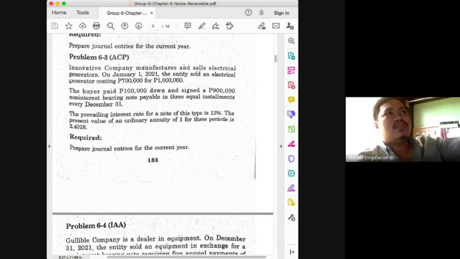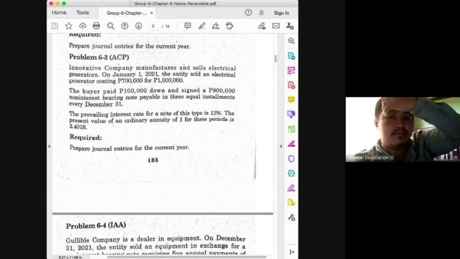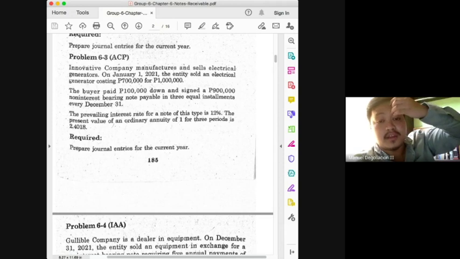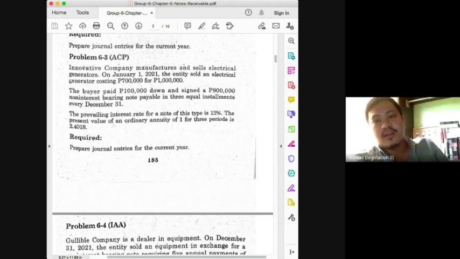You just multiply the effective interest rate, which will normally be given in the problems, in this case 12%, with the previous balance of the notes receivable net of the unearned interest income, or simply the principal balance.